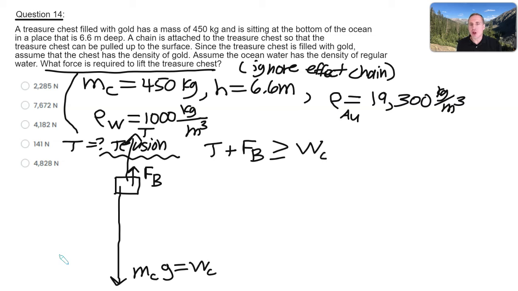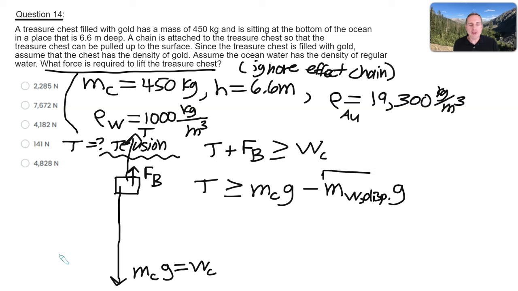Now, let's solve this for the tension force, and then let's put in the expression for the weight of the chest, mc times g. And let's start talking about the buoyancy force. So tension greater than or equal to the weight of the chest, which is mcg. The buoyancy force is the weight of the fluid displaced. So it's going to be the mass of the water displaced times g.